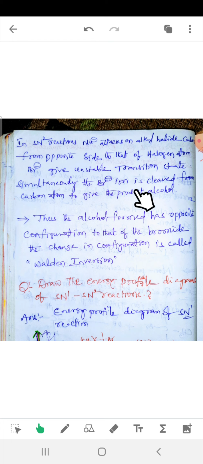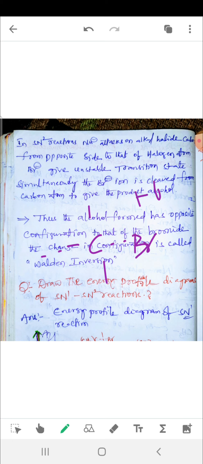Simultaneously, the bromide ion is cleaved from the carbon atom to give the alcohol product. The nucleophile attacks the opposite side of the halide ion because bromide is negative and so is OH. Approaching face to face causes repulsion. Just observe here: CH3 is there, the C with dotted lines, and bromide is there.